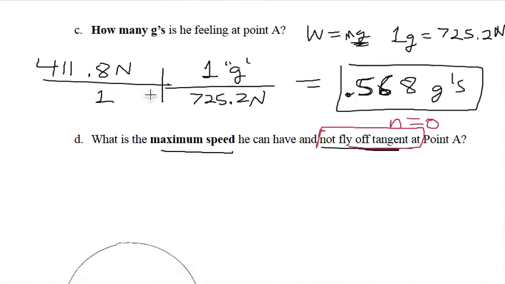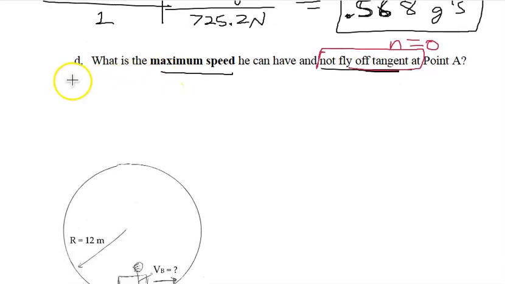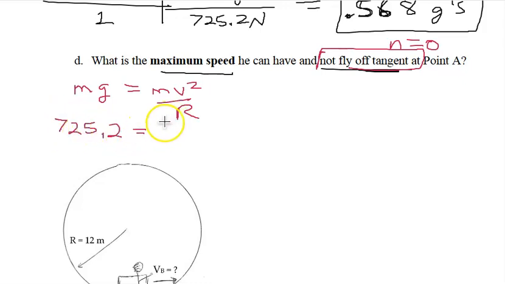Okay, so he's still going in a circle, but the fact that there's no normal means you only have the radially inward force of the weight. Okay, and then we know that the weight is 725.2 equals his mass times, this is what we're solving for now, v squared, and the radius is still 8.5.